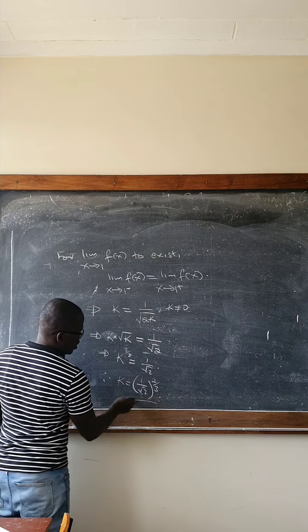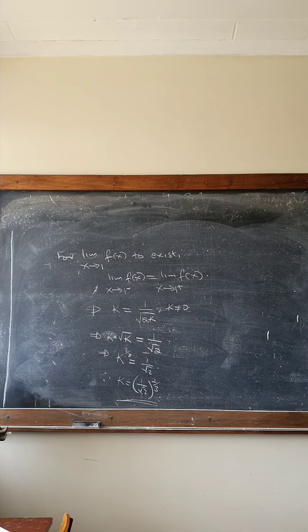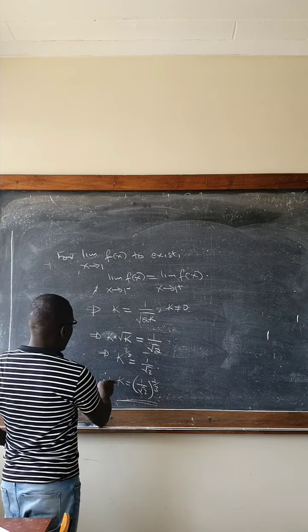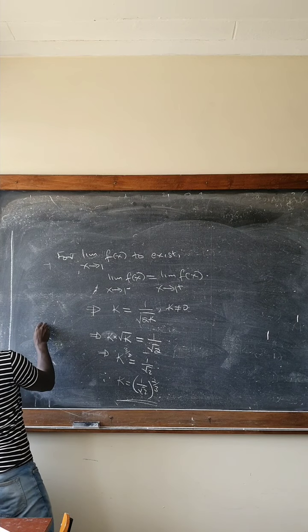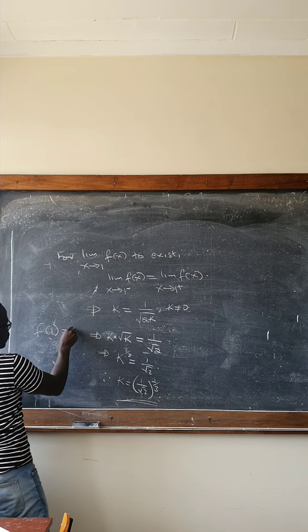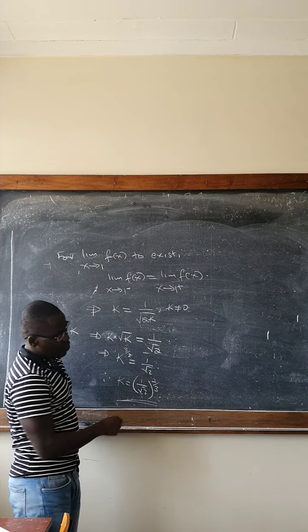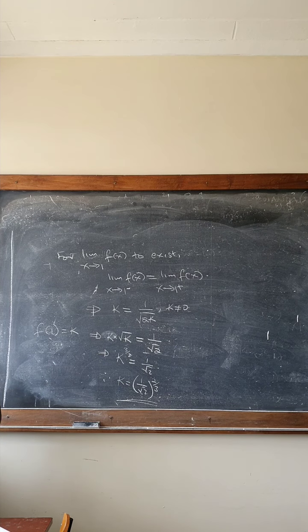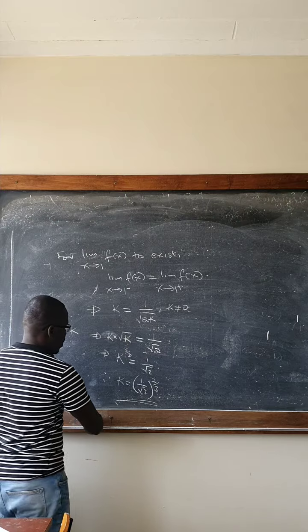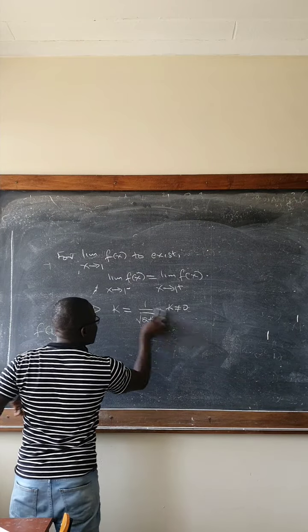This will be the value of k for which the limit exists, but remember, since f of 1 is also equal to k, then the function will be continuous if we give k that value. So you guys can try out these exercises.